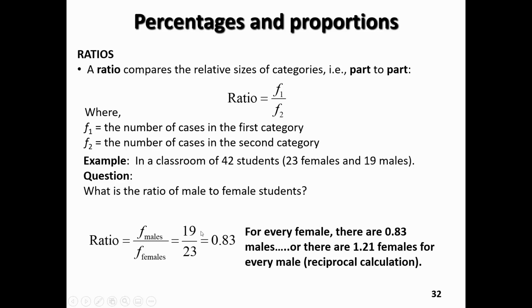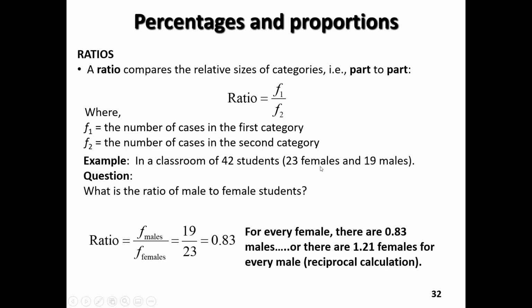Now, if we computed the reciprocal of this, so if we had the frequency of females, the frequency of males, and we flip these two numbers, we would conclude that there would be 1.21 females for every male.